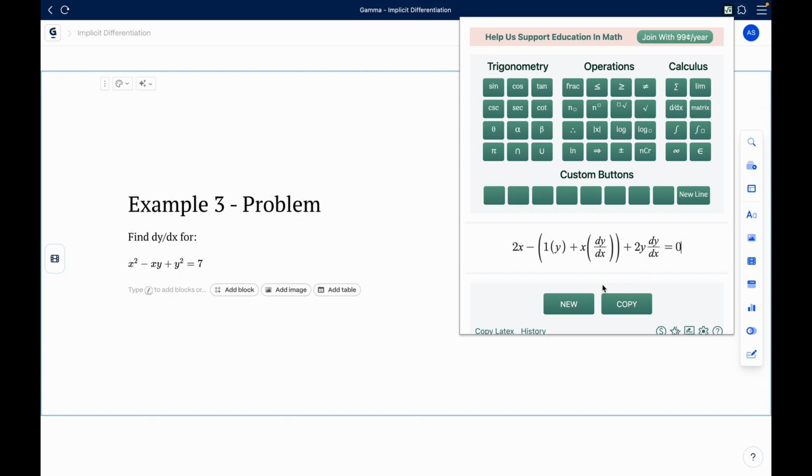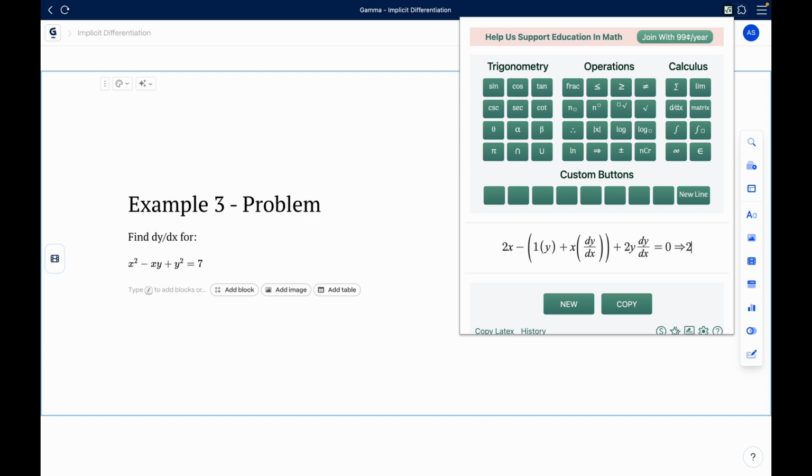Now, let's start by first expanding this equation and bringing all the dy/dx terms to one side, which will be the left side for us. So the next thing we need to do is expand this equation and pretty much get rid of these brackets.